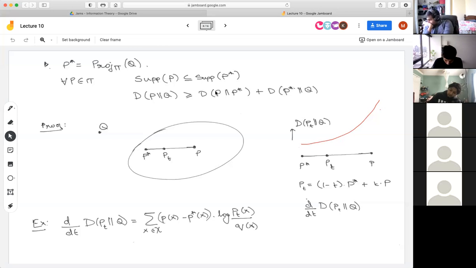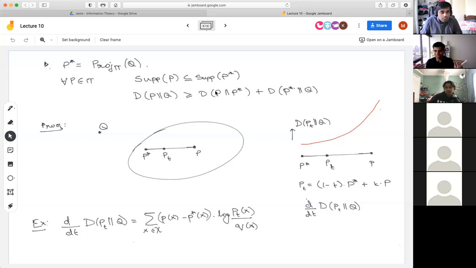And the proof is actually not very complicated. The basic idea is that if you look at this function, the divergence of P with respect to Q, and follow it on the line connecting P star and P, then first of all, the value at P star is lower than every point on this line.